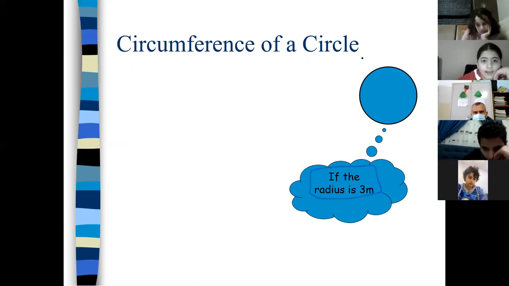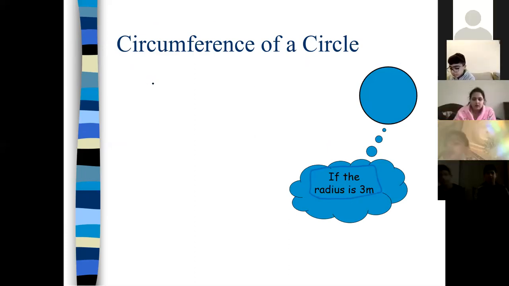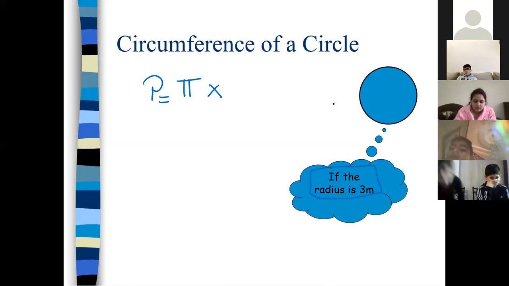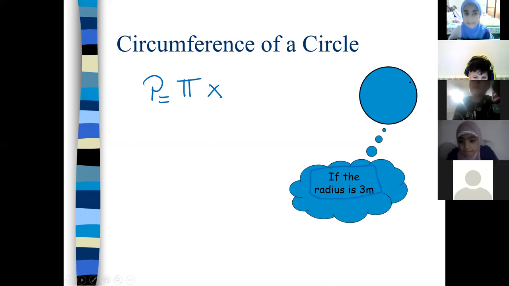Perimeter equals pi times what? 3.14. We multiply pi by which number?